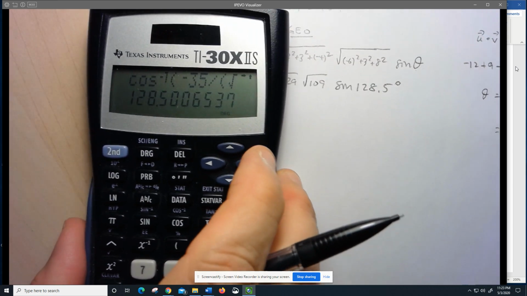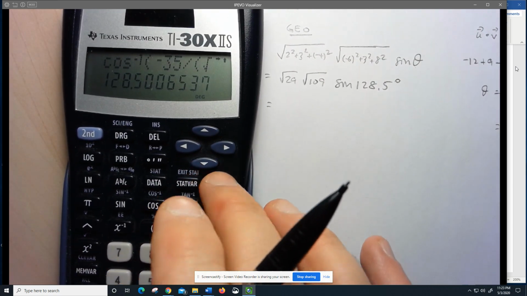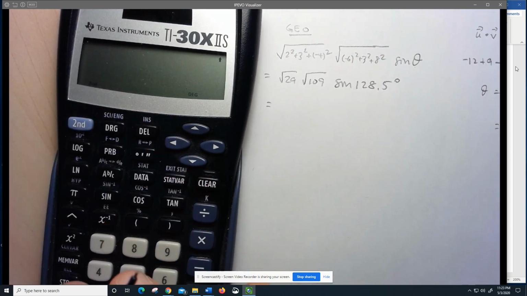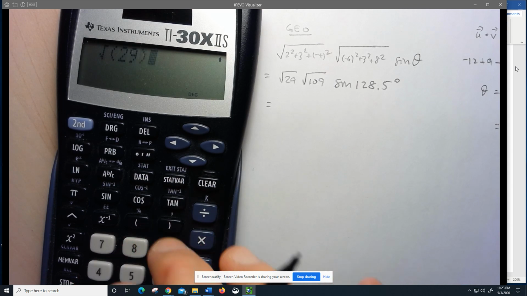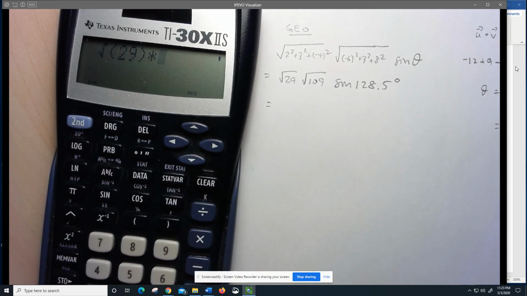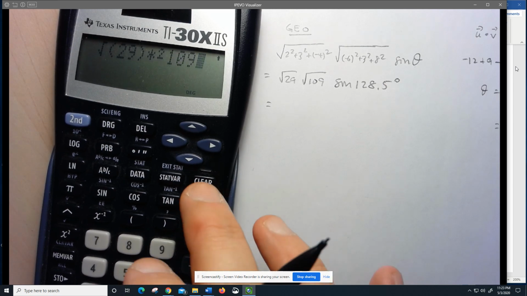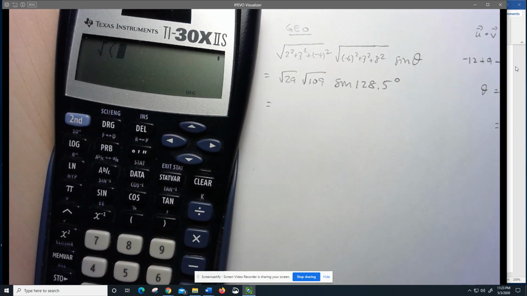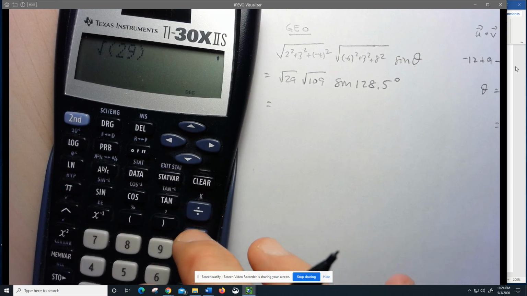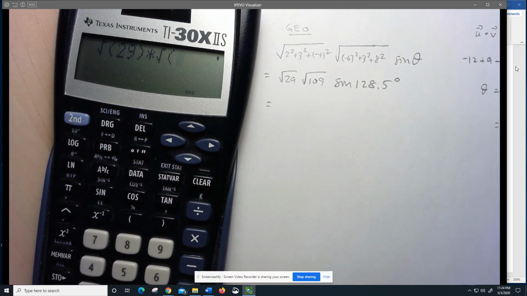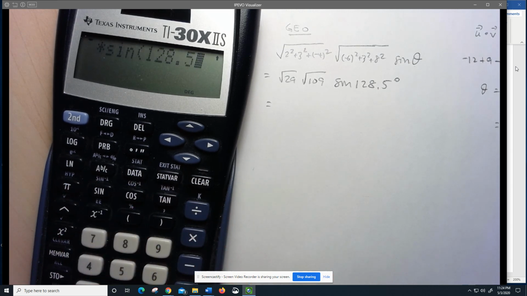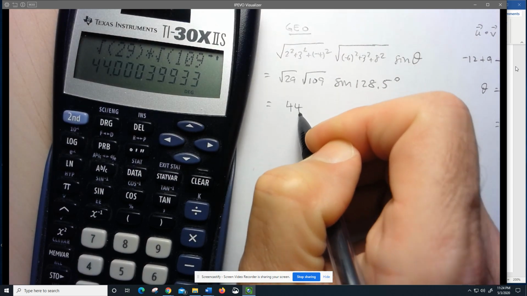Okay, so let's do that here. We've got root 29 times the square root of 109 times sine of 128.5, and look what we get: 44.